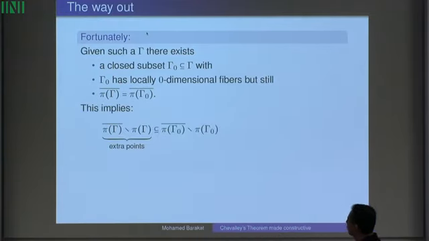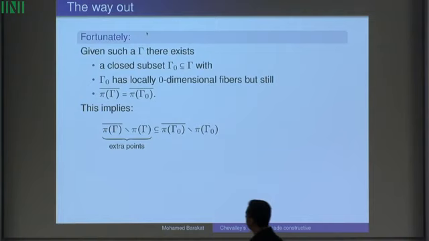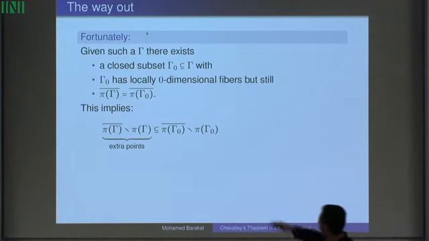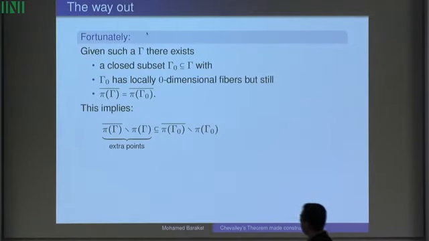And why is this good? Because this implies that the extra points are trapped inside the closure of the projection of gamma 0, without the projection of gamma 0. Gamma 0 is a smaller set, so this is definitely a bigger subset, because these two here are equal, and this is smaller than this one in general.